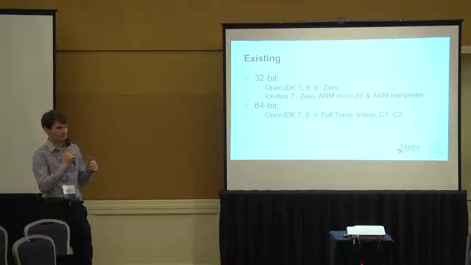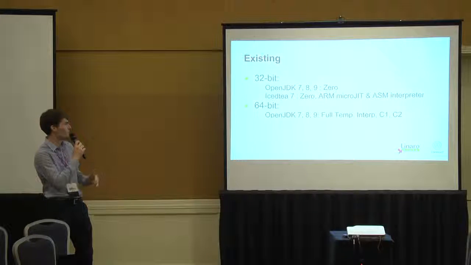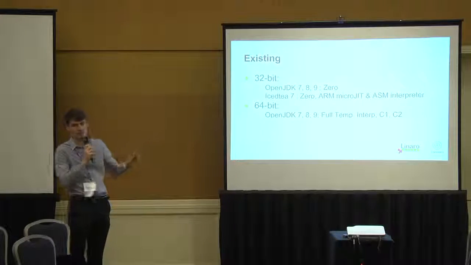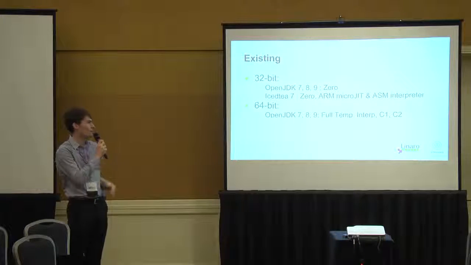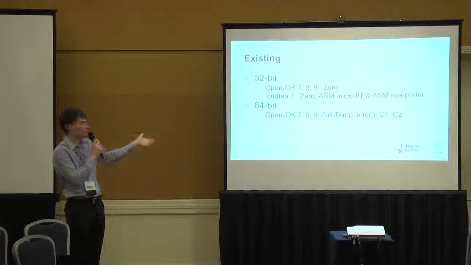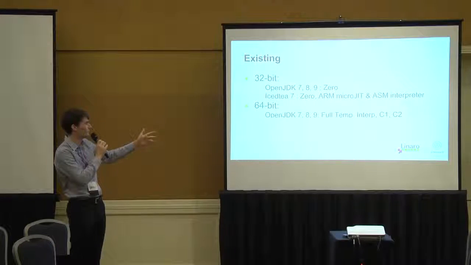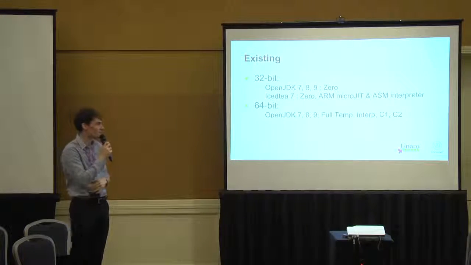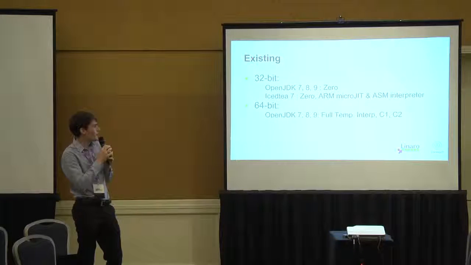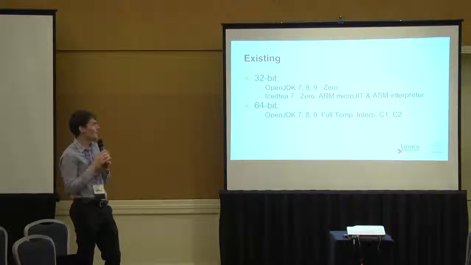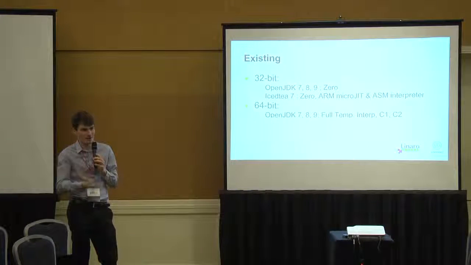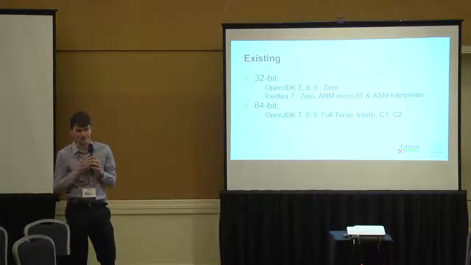IcedTea, which is a kind of fork of OpenJDK 7, contains two separate things that aren't based on the normal interpreter and compiler stack, but are instead based on the Zero interpreter: the ARM microjit and the ASM interpreter. The microjit is, as it sounds, an actual compiler, and the interpreter is a specially handwritten one and isn't related to the template interpreter.